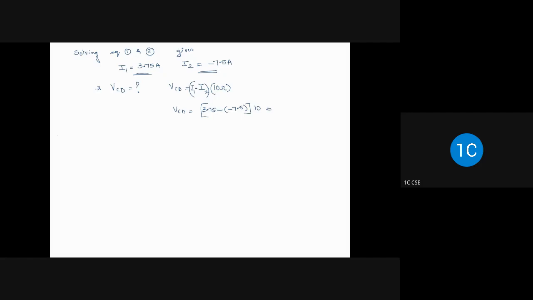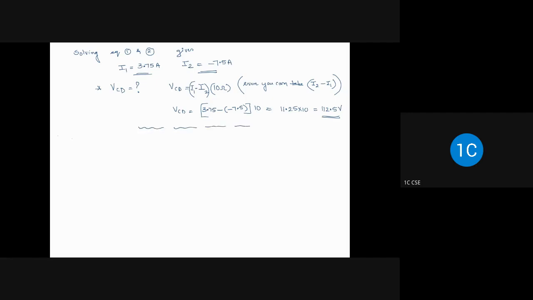How much will you get? 11.25 into 10, that is 112.5 volts. So that's your VCD. In bracket here I will write, even you can take I2 minus I1. So that's your first case.